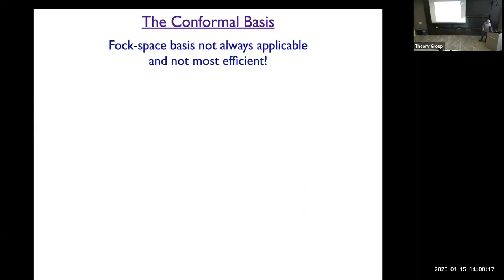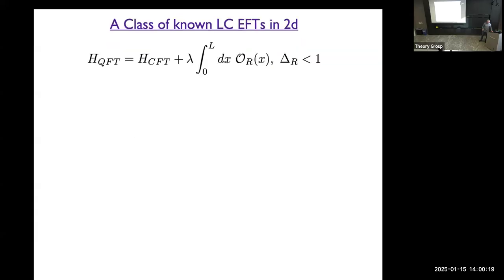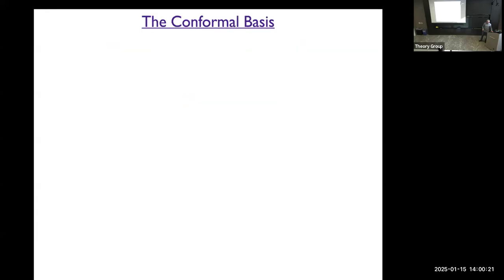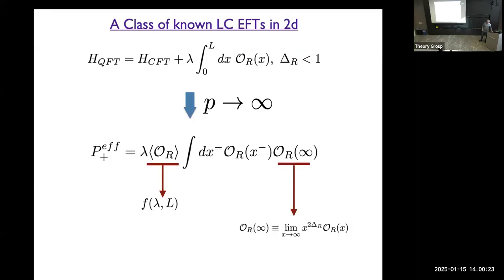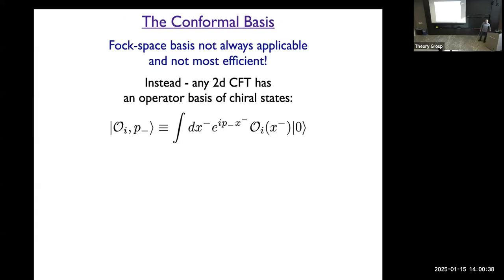We saw that we naturally had an object that has an easy interpretation in terms of the CFT basis. I don't necessarily know what this means in the Fock space basis. So it suggests that the way you should think about the Hilbert space, in this case, is with only chiral states.